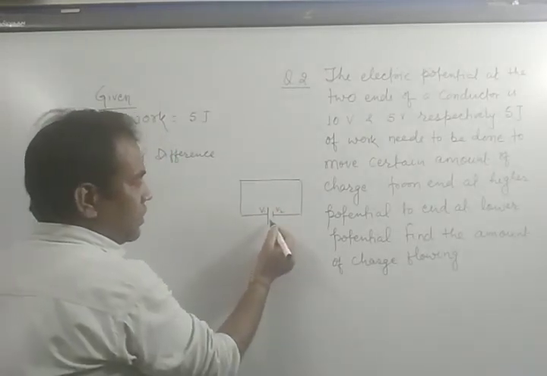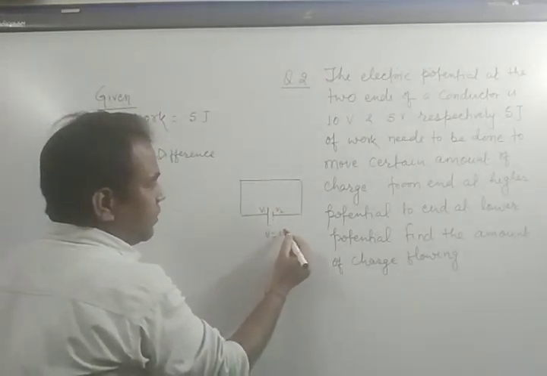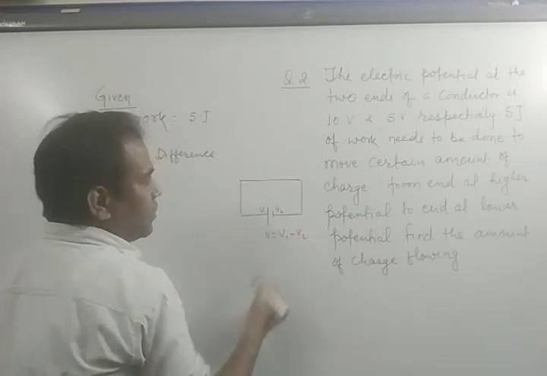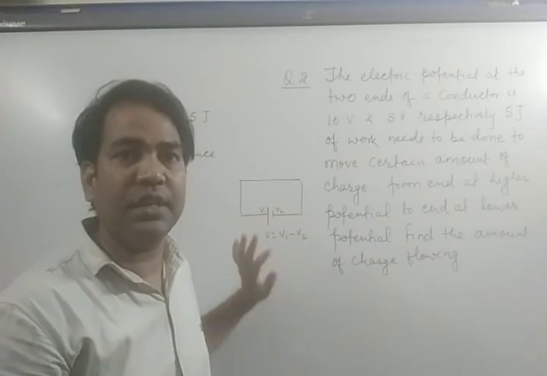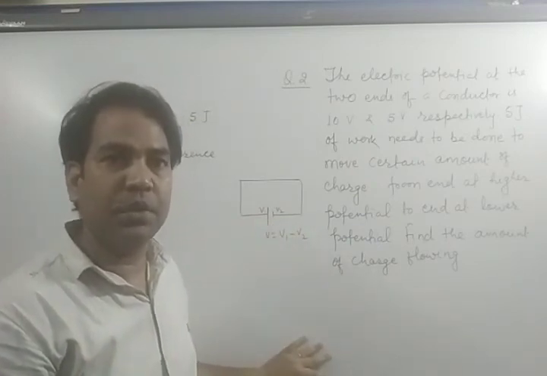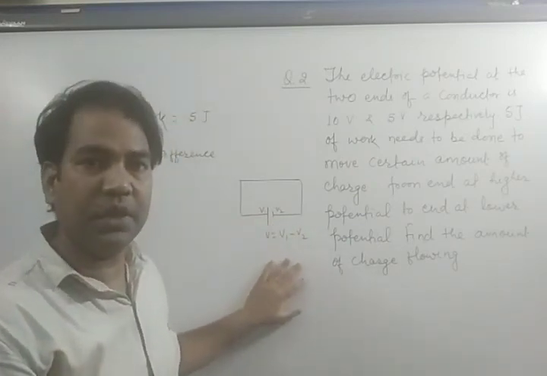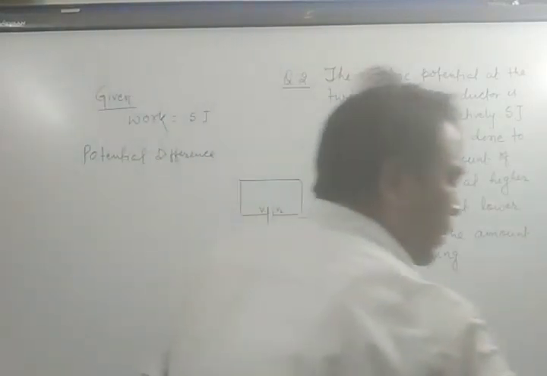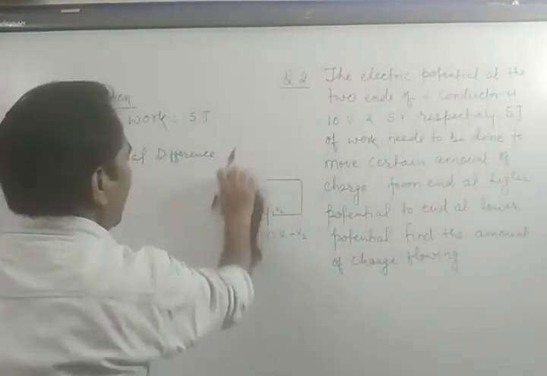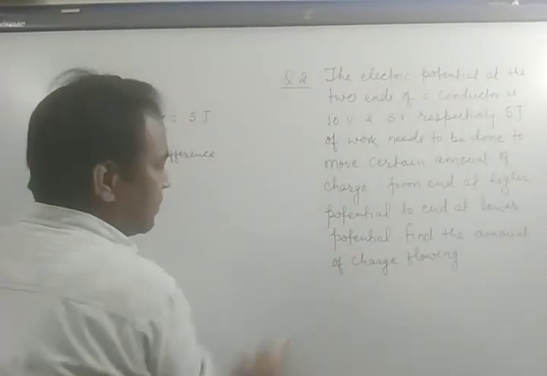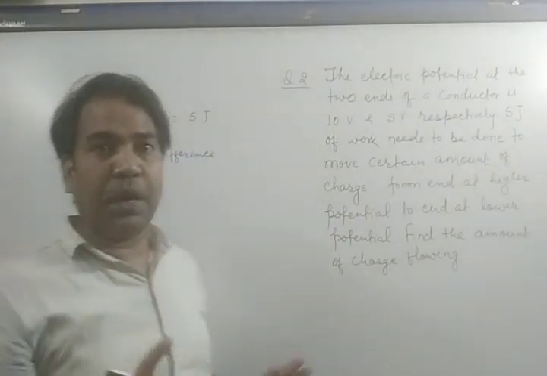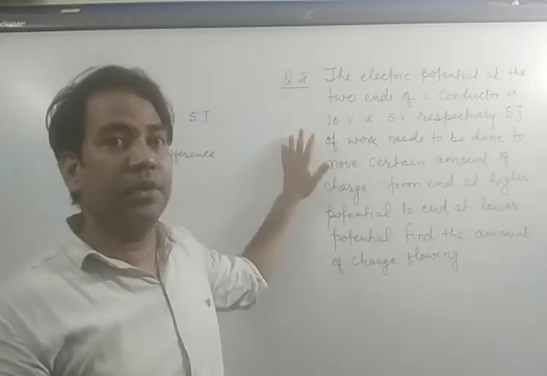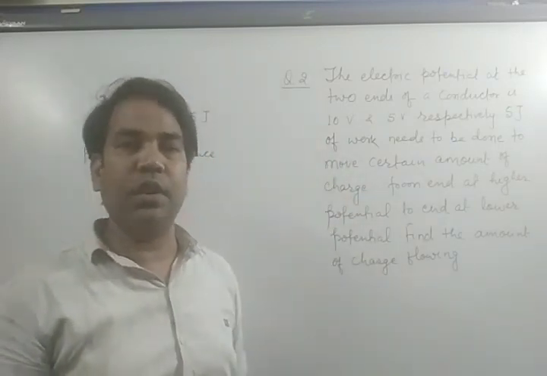So this V is equal to V1 minus V2. That means electric potential at the higher end minus electric potential at the lower end. It gives you the voltage or potential difference. So first of all, we need to find the potential difference across the two ends of the circuit. This part of the question was hidden. This is given indirectly. You have to find it.